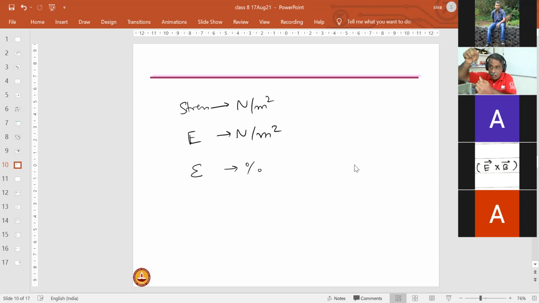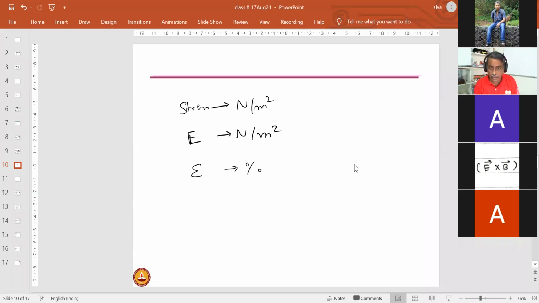Okay. What is the cross section of this? 1 mm diameter. In fact, this is a little bit less, 0.8 mm diameter. I want to now find out whether this can take my weight.